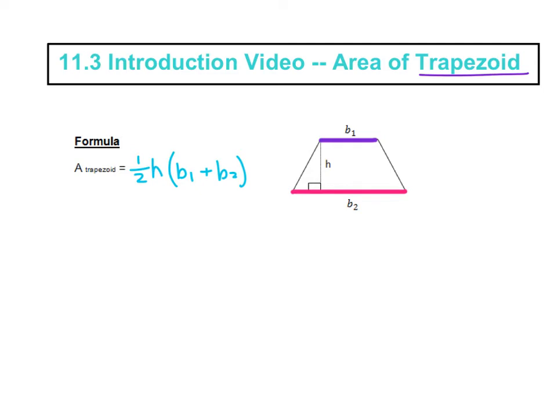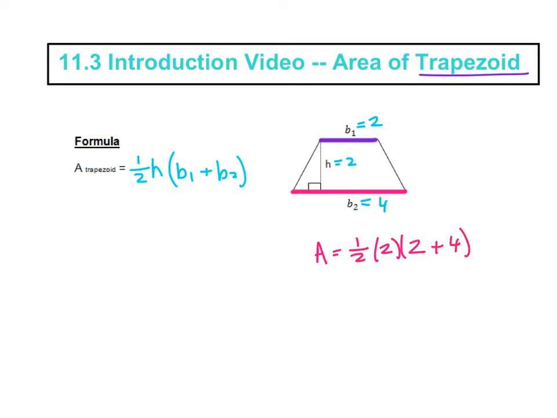Just to show you how this works, for example, let's say our base 1 was equal to 2, our base 2 was equal to 4, and we had a height of 2. Following the formula, area is equal to 1/2 times our height, which is 2, times B1, 2, plus B2, which is 4.